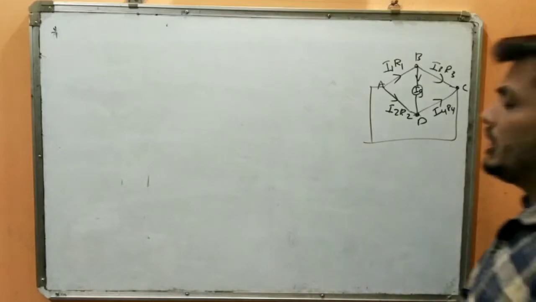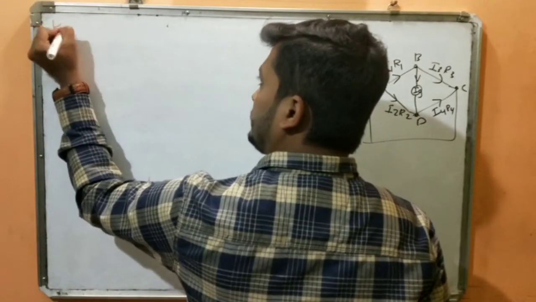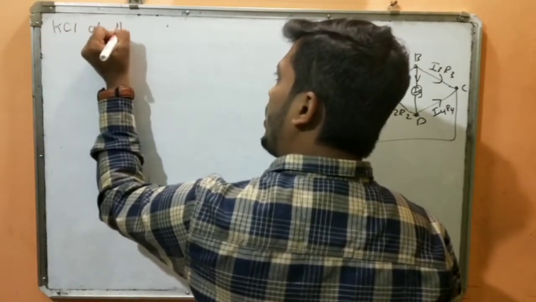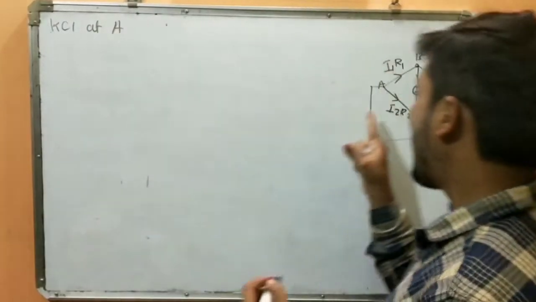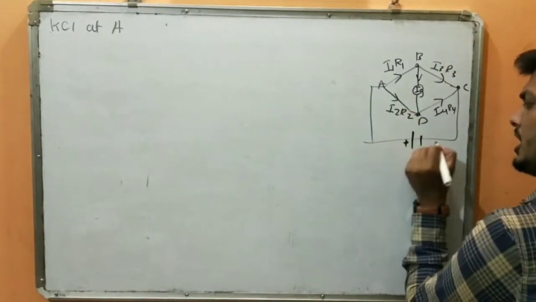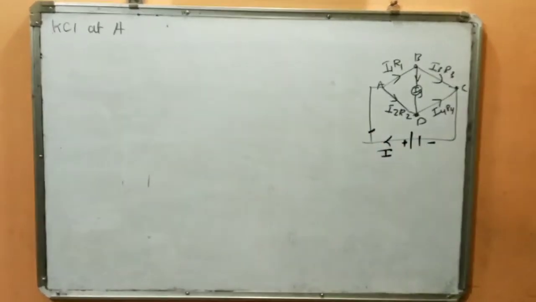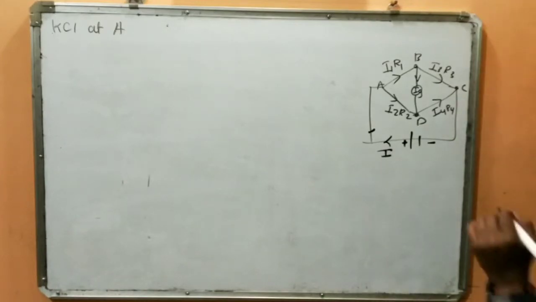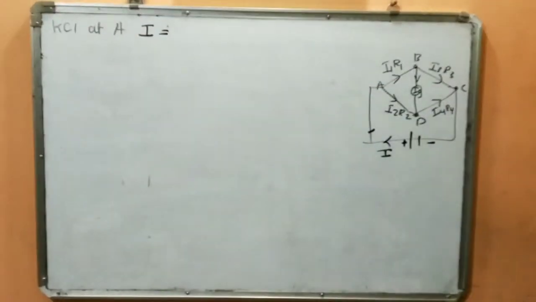Okay, so now one thing, using KCL at point A. Now we are going to apply Kirchhoff's current law at node A. So in Kirchhoff's current law, we have said that current entering the node is equal to current leaving the node. So for your reference, as you have seen in the previous diagram, at A current I is entering.